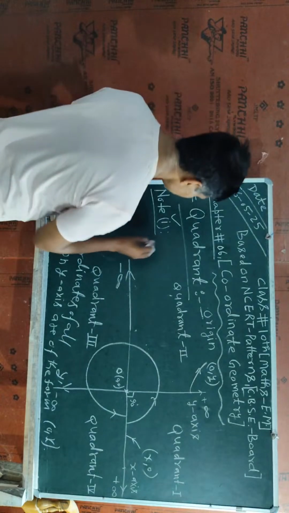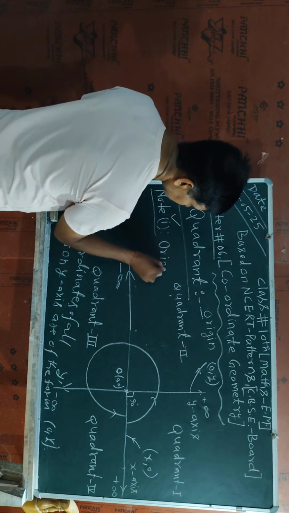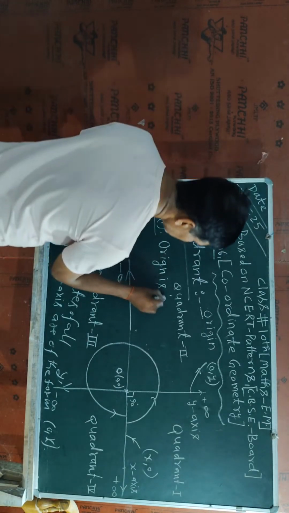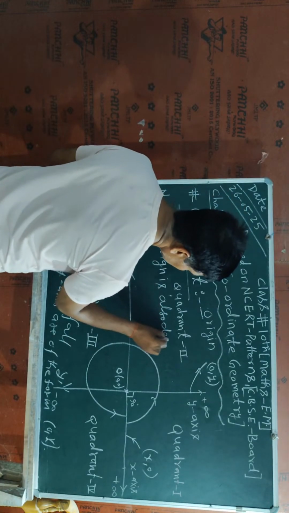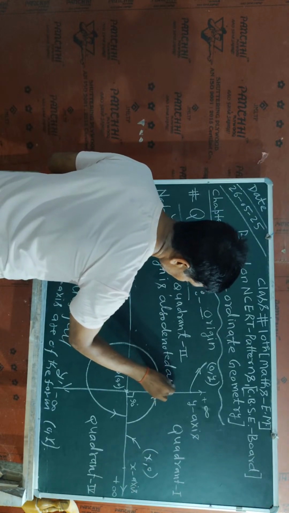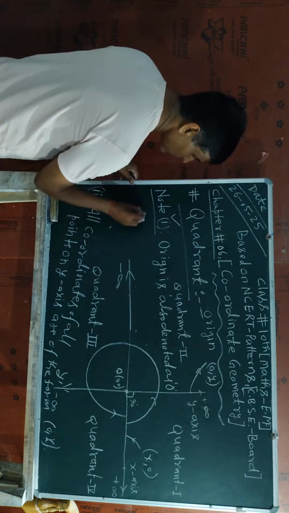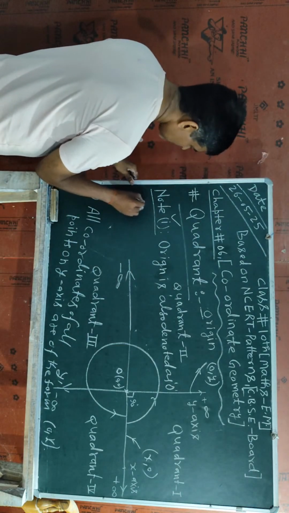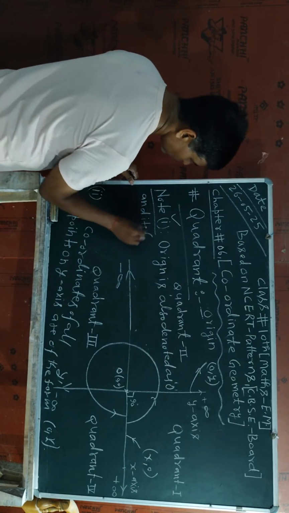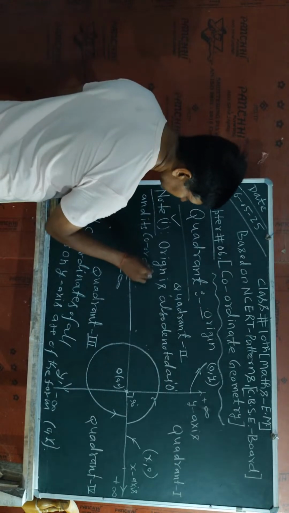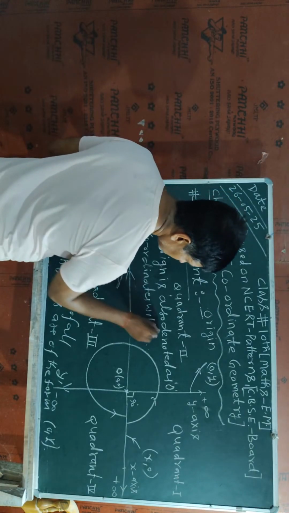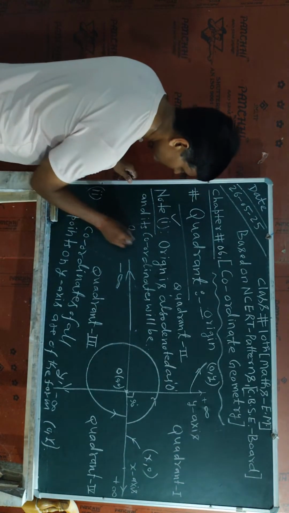Origin is also denoted as O, and its coordinates will be (0, 0).